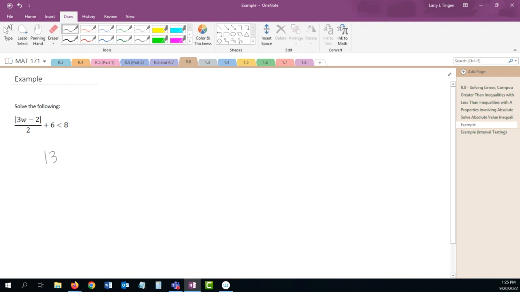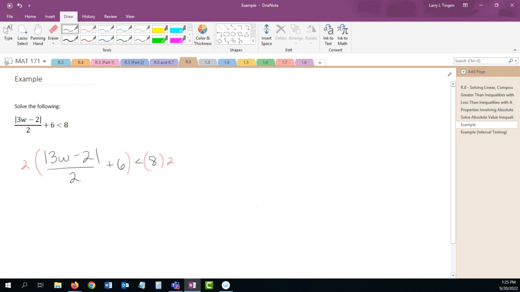Anytime we've got these fractions and we have two sides, an equation or an inequality, the best thing to do is get rid of those fractions, or clear them, if you're allowed to. Are we allowed to? Yeah, I can multiply both sides by 2, right?